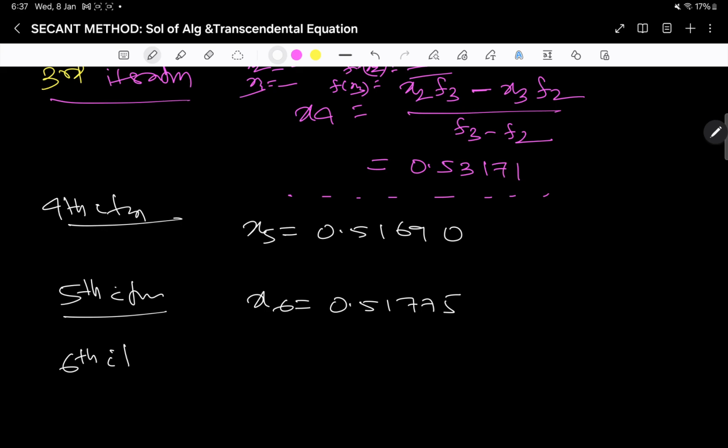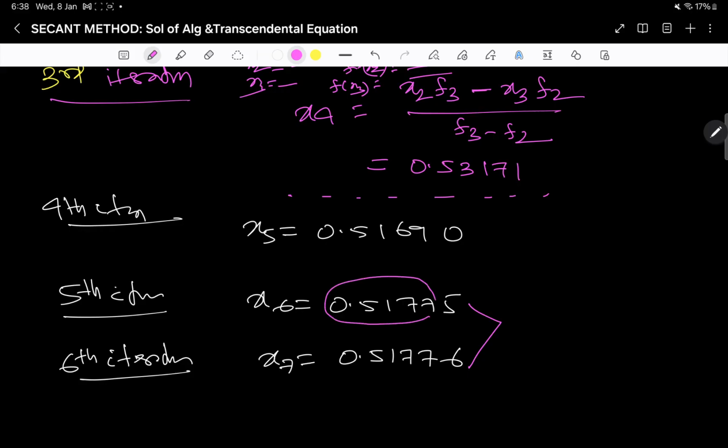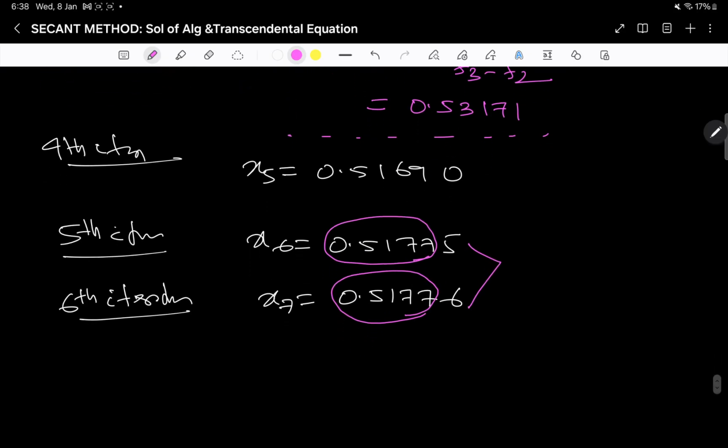Then in the sixth iteration, x7 will be 0.51776. So you see, compare x6 and x7. Up to 4 decimal places it coincides. So here the root is correct up to 4 decimal places.